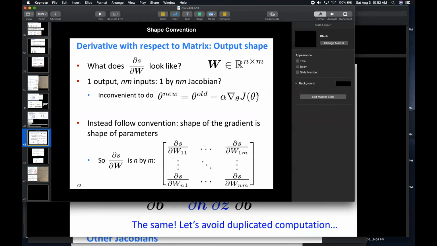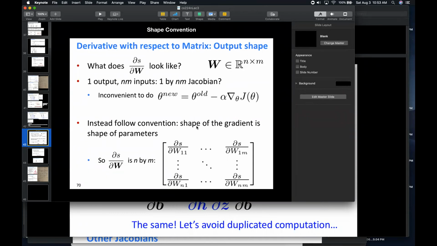When you actually do this derivative, there are a bunch of ways to take it, which can give you a shape of 1 by m cross n, which is not what you want, because then you'll have a matrix minus a vector, and that just doesn't make things easy. So you want to calculate this derivative as a matrix in the size of this matrix, so you can just do normal matrix subtraction.